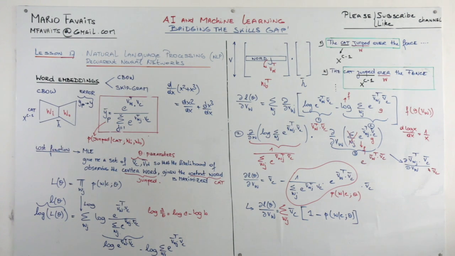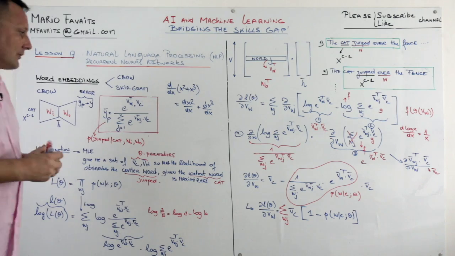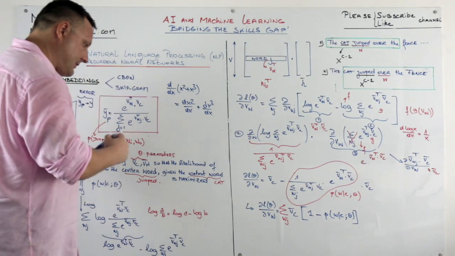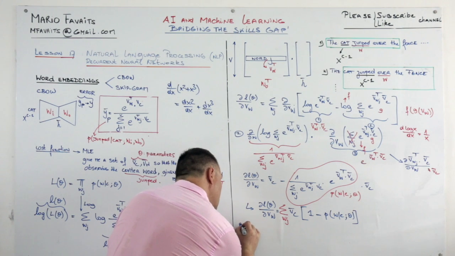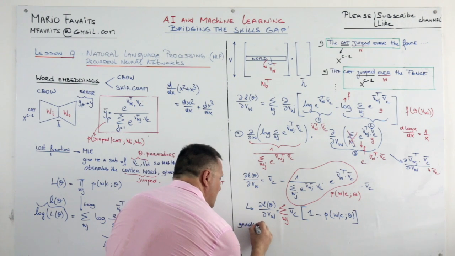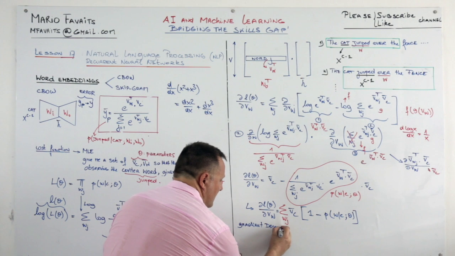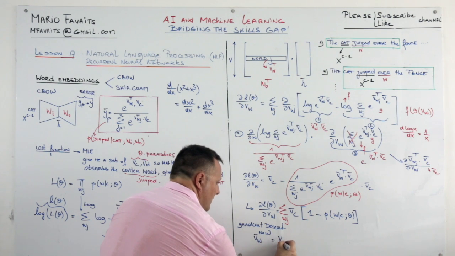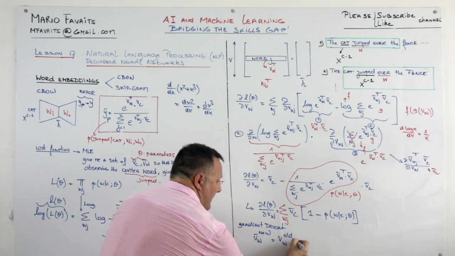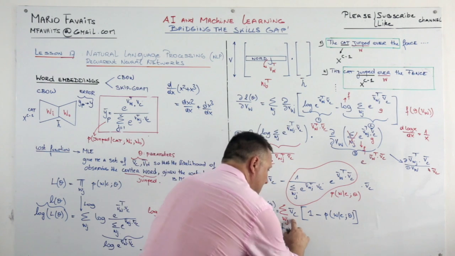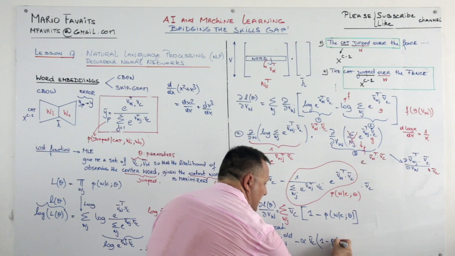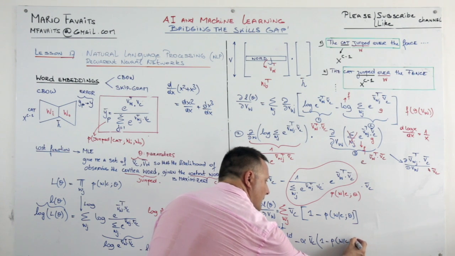So if we want to do gradient descent now, because now we have our objective function, the next step is gradient descent. Basically vw new is going to be vw old minus the learning rate times this one here, vc times 1 minus P(w|c, theta).